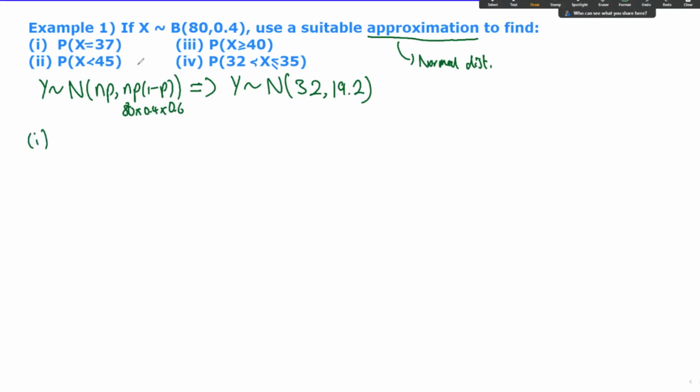Okay, so now that we found our random variable, our normal one, we can start and figure out this first one. So P(X = 37). But remember, we now need to use continuity corrections to get from the binomial variable to the normal one.